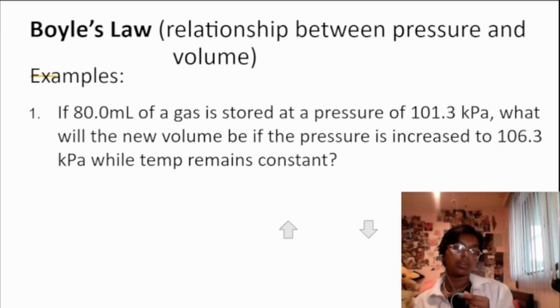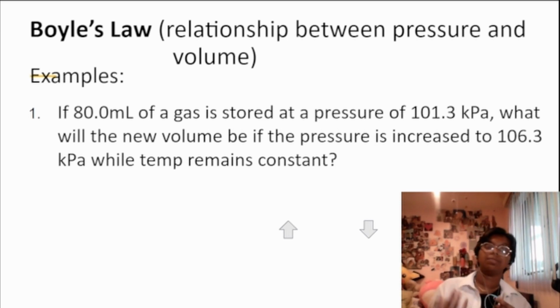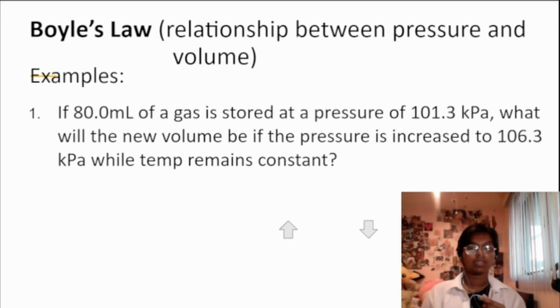If 80 milliliters of gas is stored at a pressure of 101.3 kilopascals, what will be the new volume if the pressure is increased to 106.3 kilopascals where the temperature remains constant? Figure that out. If you can't do it, I'll do it in a few minutes.